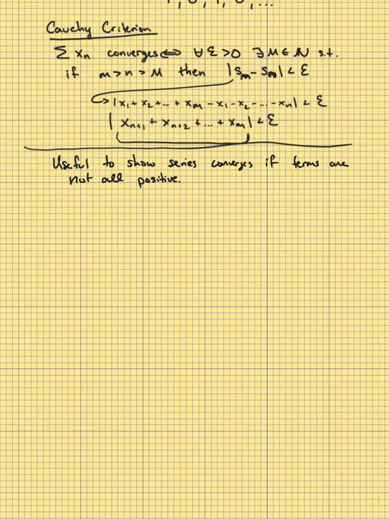Okay, but if the terms are allowed to be negative, then the series won't be monotone, and therefore you should look at something like Cauchy. Okay, so maybe I'll just write this monotone criterion explicitly, since I kind of said it without writing it down.